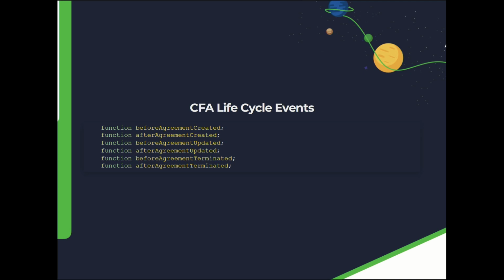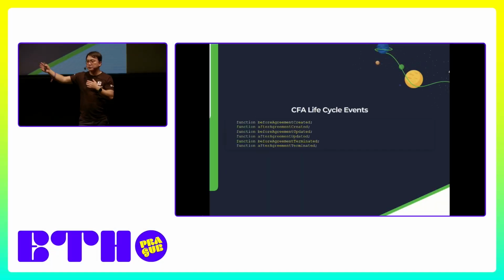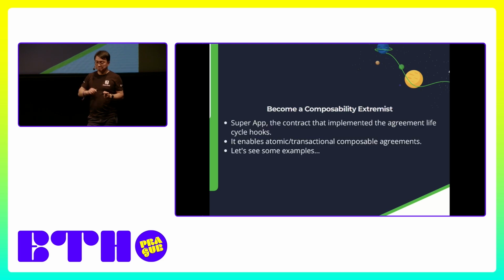There is a before and after hook callback, right? When you update the amount, let's say you are sending $10 per month, then you update to $12 per month, there are also events there. And when you delete that flow, there's another event called agreement terminated. So there are various types of callbacks we are talking about here. They're called life cycle events.